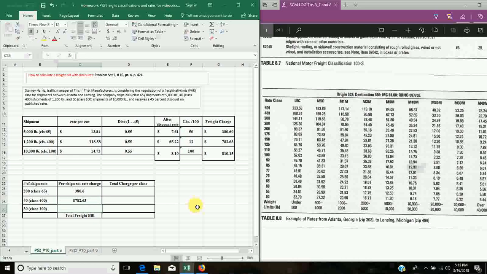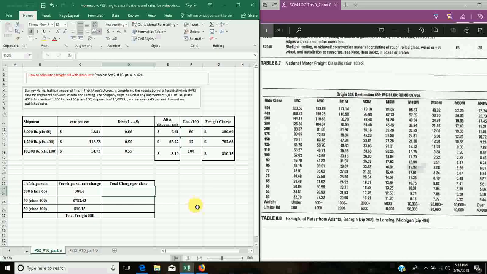And then finally, Class 100 freight charge of $810.15. Okay.